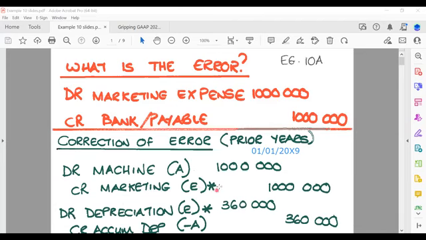Can we credit an expense account that relates to 20X7? Can we credit a marketing expense account in 20X7? No, we can't. Well done. What do we use instead?